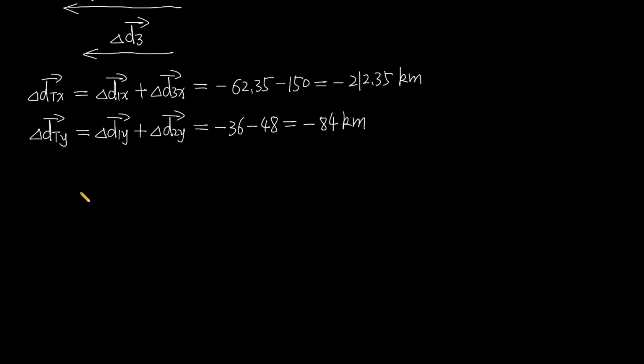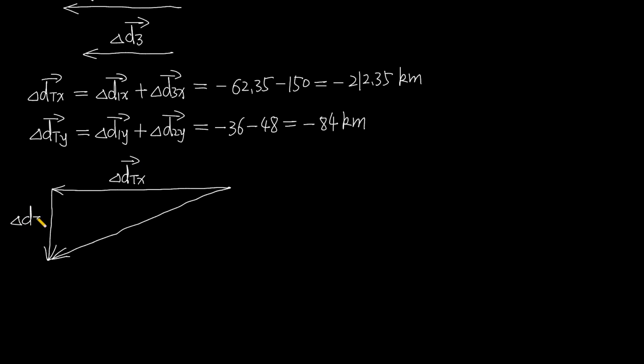Then I draw the graph of them. This is vector delta DTx, and this is vector delta DTy, and this is vector delta DT, and this angle is theta, and this angle is a right angle.